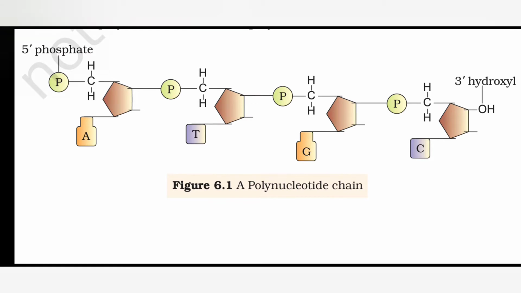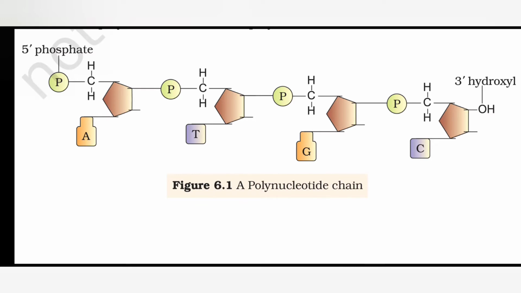which we studied in class 11th also. Do you remember it? So this polynucleotide chain is made up of a backbone, which is made up of alternate deoxyribose sugar and phosphate group. You can see, and it shows a polarity, that is 5 prime to 3 prime. What does it mean?